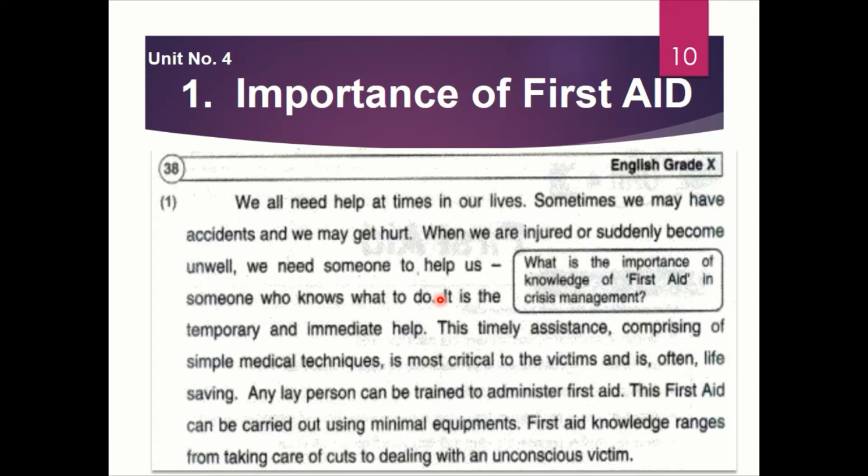So in this paragraph the importance of first aid has been asserted, that all of us should know the standard procedures, the standard precautions and simple medical techniques to handle the persons who need our help in their accidents or in their emergency. So first aid training should be administered at every level and should be carried out using minimal equipment.